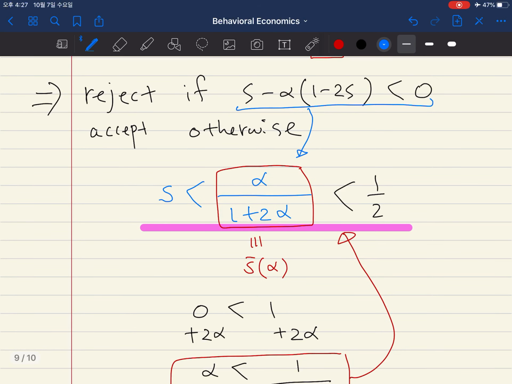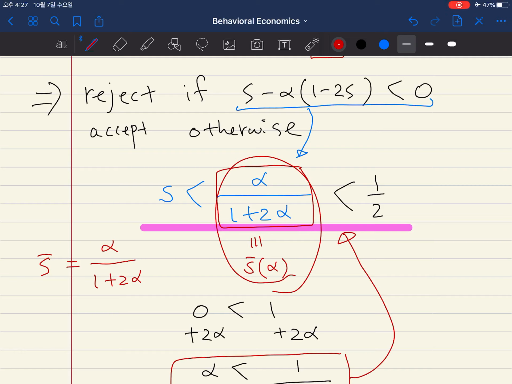So this threshold is alpha over 1 plus 2 alpha, and this number is a function of alpha.